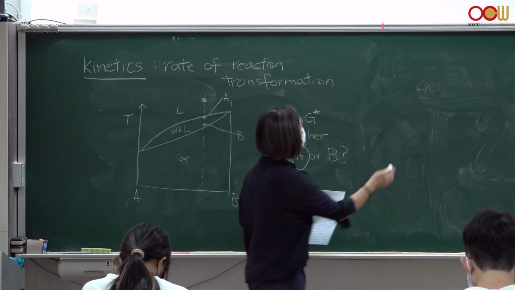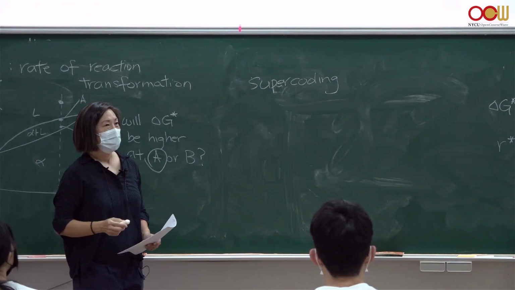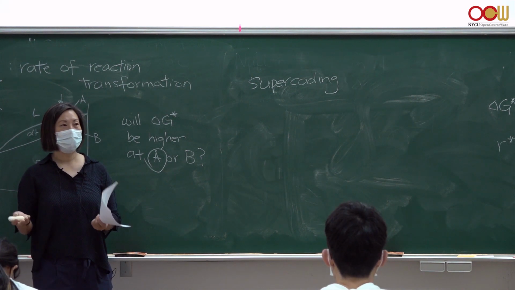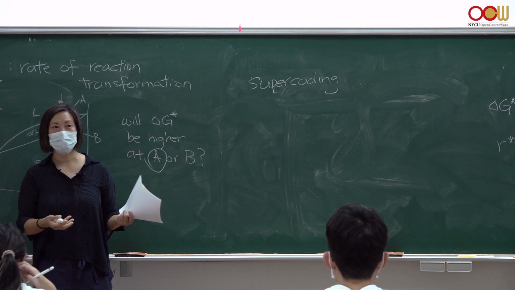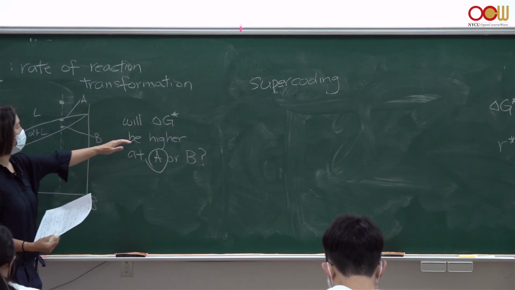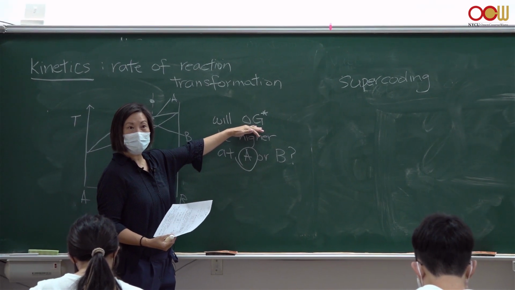And that's something called supercooling. So the ice may not form at 0 degrees Celsius. You might have to go to -5 degrees Celsius for your ice to form. And that has to do with the activation energy to form ice out of water.